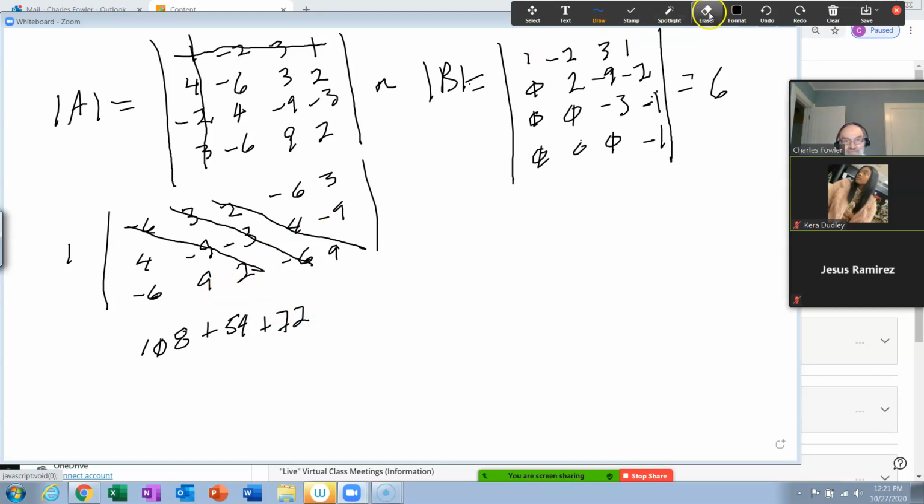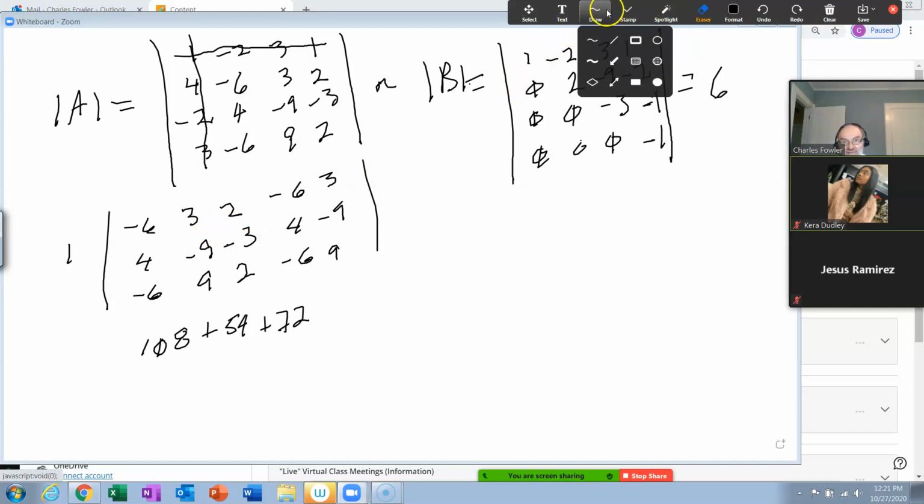I'm going to erase those just because they're kind of in the way here. And then let's do the up diagonals. Of course, they'll be the negative of that. That would have been a 54 times 2, which is a 108, but it's negative, so that's going to wipe that one out.